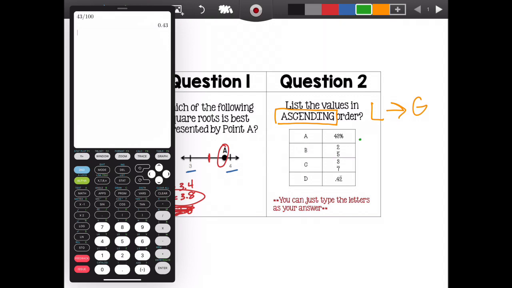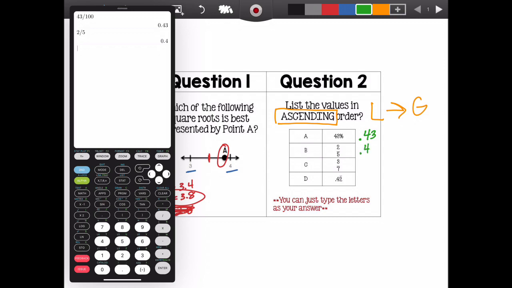Okay, 2/5. That's a benchmark fraction, guys. You should know that off the top of your head. That's 40/100ths. But if you don't, get your handy dandy calculator. Fractions are division. So 2 divided by 5, we get 40/100ths.